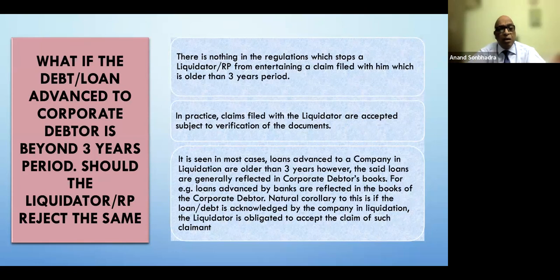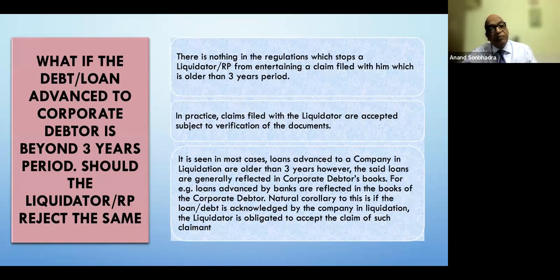Going by what we saw in earlier judicial pronouncements, any entry in the books of accounts showing that this particular debt is there and is recorded in the financial statement is an acknowledgement. So based on that, one has to take it.